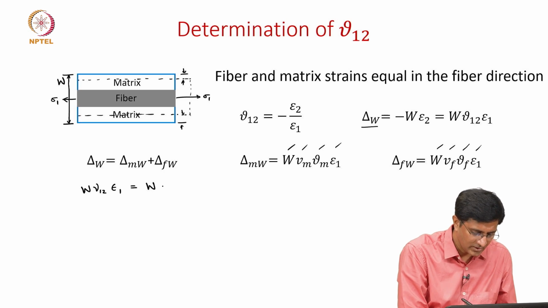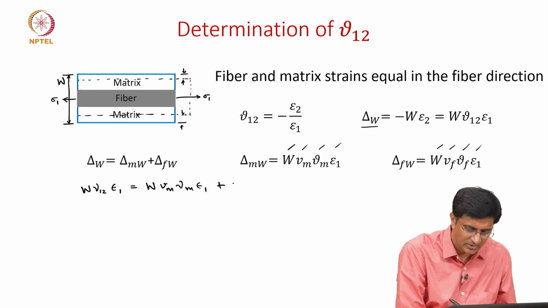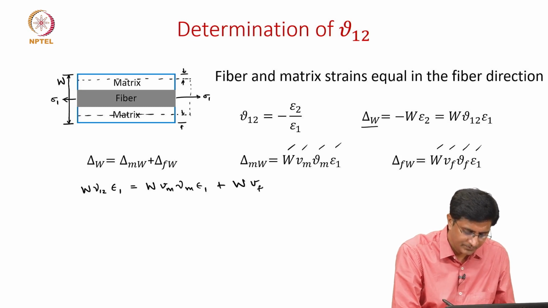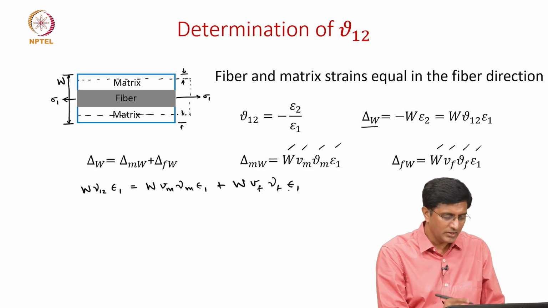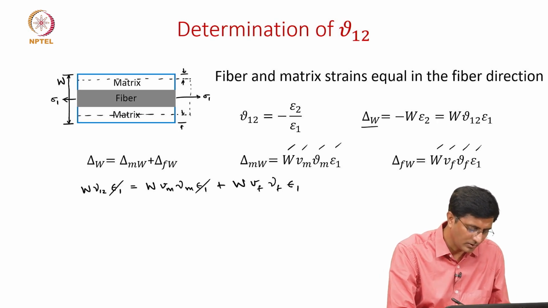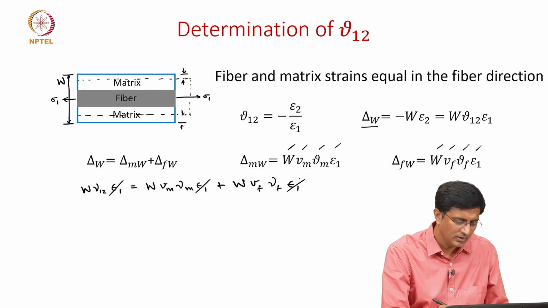For the matrix, it is W, the volume fraction V M, the Poisson ratio of the matrix, epsilon 1 plus W. So in this expression, we see epsilon 1 is there in all terms, so we can get rid of this strain.